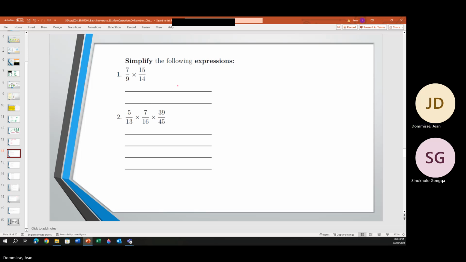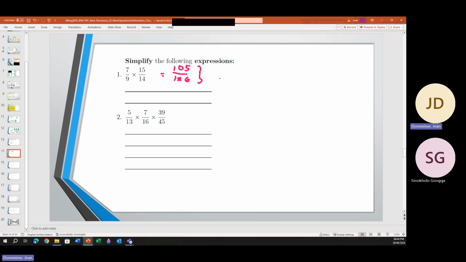So you can go and say 7 times 15 on your calculator. 7 times 15 is 105. You can go and say 9 times 14 is 126. But now you still need to simplify that fraction.